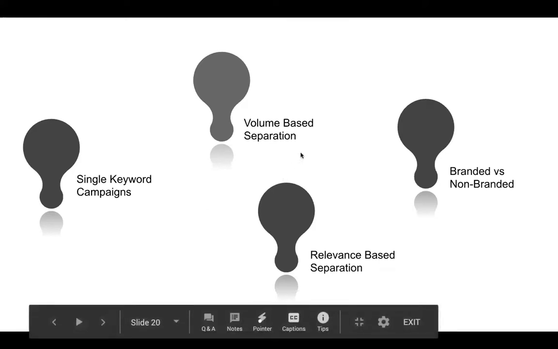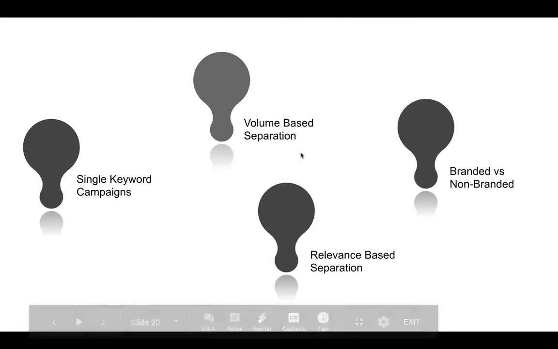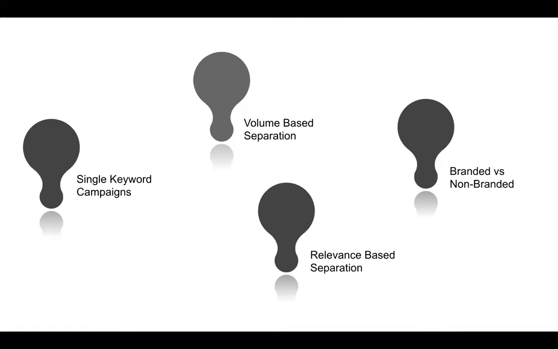Another trend we've seen is volume-based separation, which is, keywords that tend to get a lot of volume are the ones that actually eat up the budget the fastest. So if you mix up all your high volume and low volume keywords together, guess what? The ones with low volume won't see any impressions, or maybe just a few impressions. But the ones that are high volume keywords, they will get all the attention, and they will be allocated more of the budget.